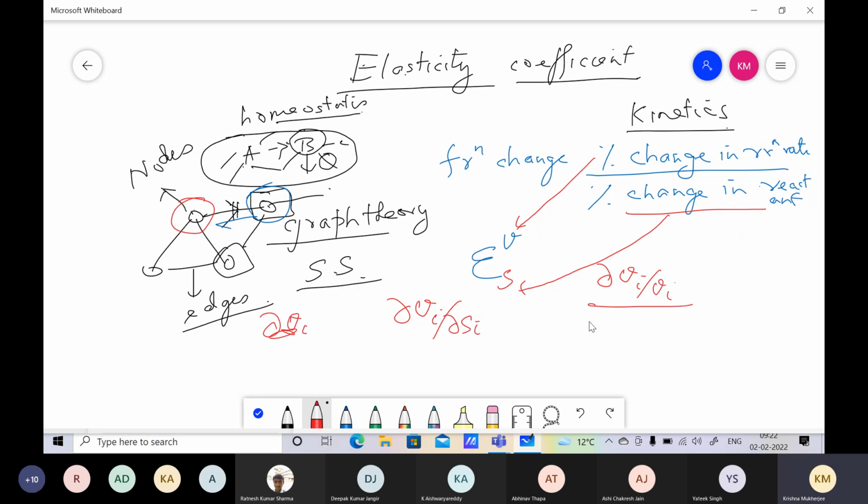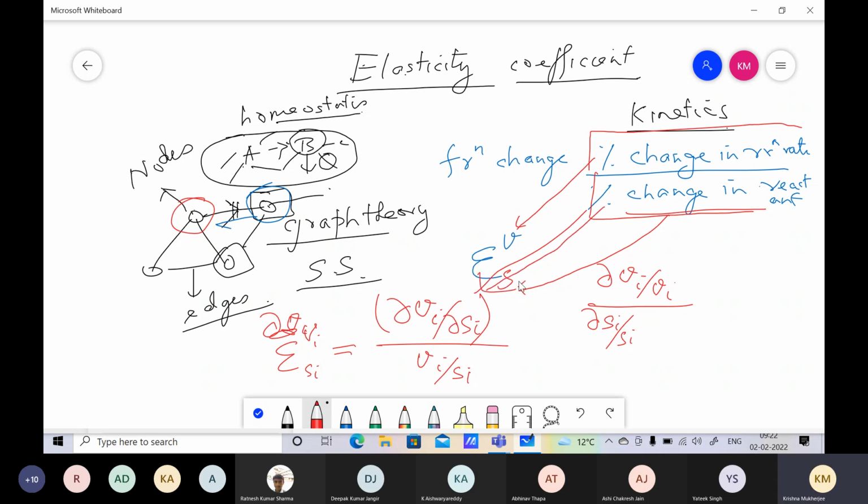And the percentage change in reactant is actually dSi by Si. So actually this divided by Vi by Si, and because we use it in systems biology, there are many reactions and many substrates, this is actually the elasticity, dVi by dSi. So the percentage change in the reaction rate divided by the percentage change in reactants will be given by this expression here.